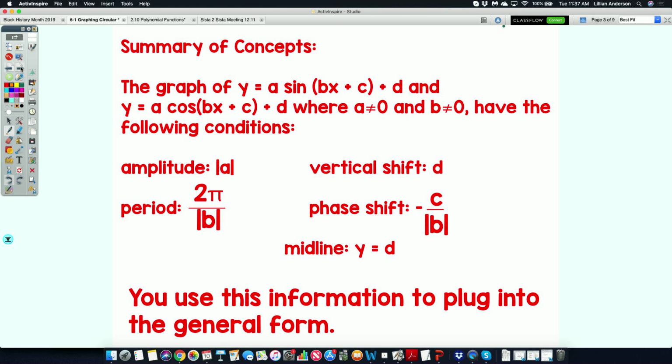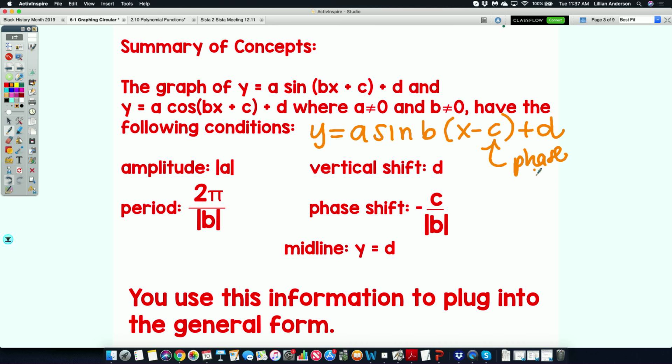And what you're going to do is basically use this information to plug it into the general form. Now, be aware that remember, there was the other way to write these equations, which was y equals a sine b, with the b pulled out, then (x minus c), plus d. Where this actually indicated your phase shift.